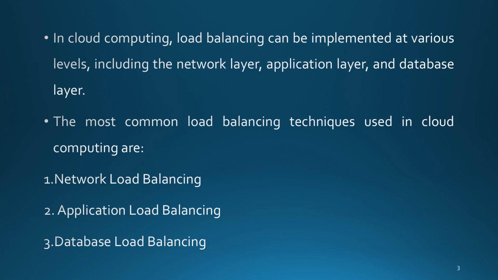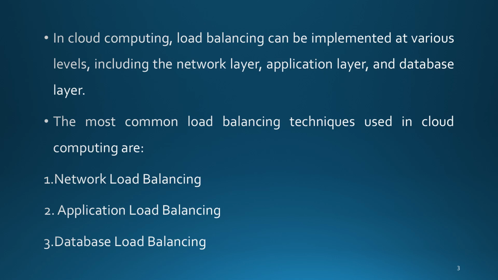Now we will see what is network load balancing. This technique is used to balance the network traffic across multiple servers or instances. It is implemented at the network layer and ensures that the incoming traffic is distributed evenly across the available servers.